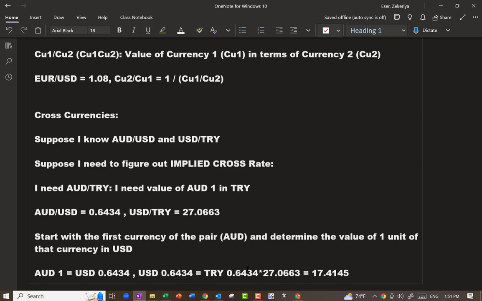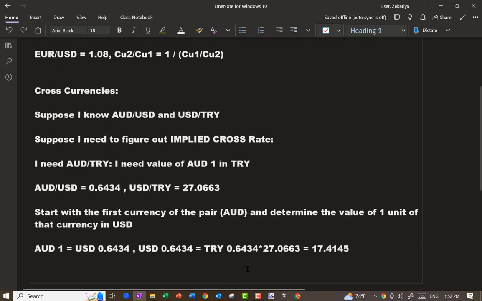So I took $1 doing 2 transactions, converted that into Turkish lira. First, I converted that into US dollars. Then I converted those dollars into Turkish lira. Hence, AUD/TRY equals 17.4145.